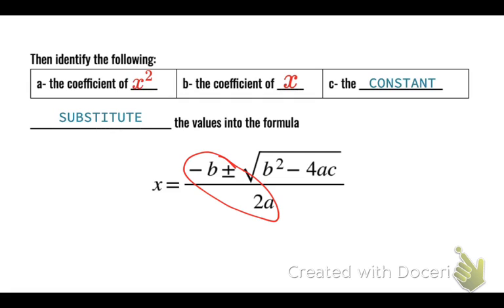And then the plus or minus square root of b squared minus 4ac, divided by 2a, is your distance to your x-intercepts from your axis of symmetry. So it's not just a random, arbitrary formula. This is actually related to the graph of our quadratic function.